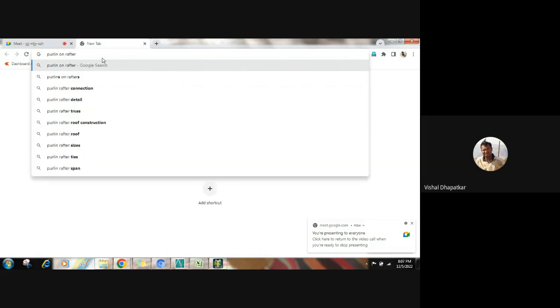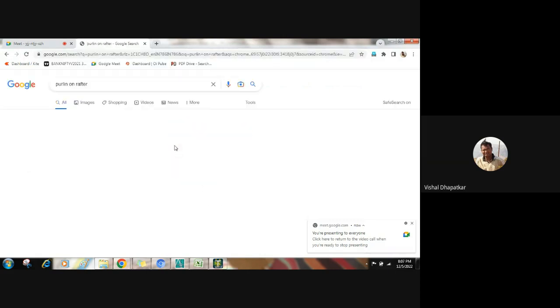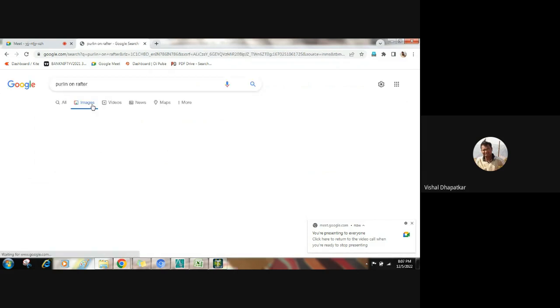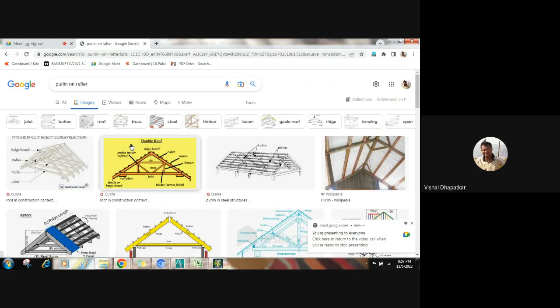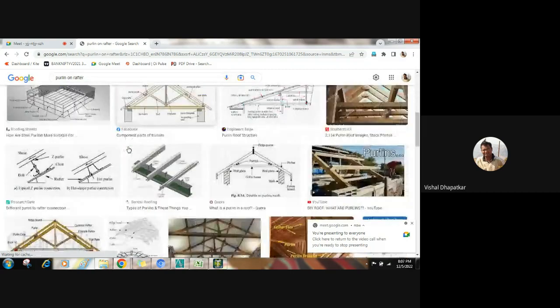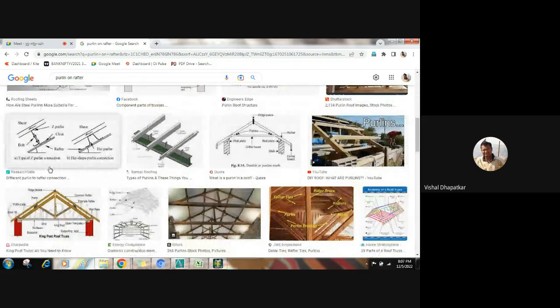Those are not directly connected to the rafter. We cannot consider its advantage or its LY and LZ.